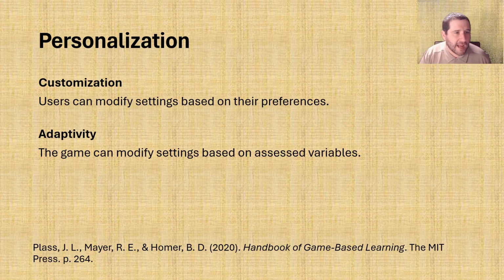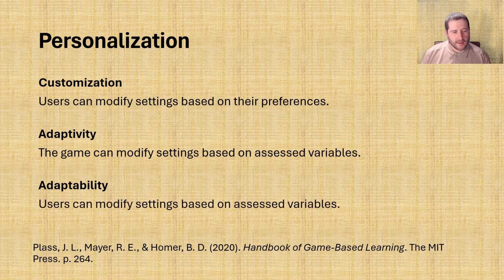The third type of personalization Plass talks about is a combination of the first two, and they call it adaptability. A game's adaptability is a representation of the user modifying settings based on assessed variables. So now the game is collecting information, but it's reporting that information back to the user, and the user can make the decision.